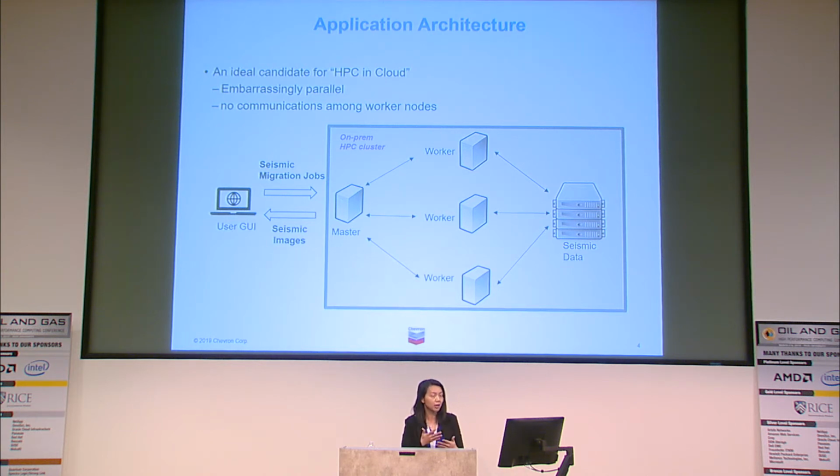The user looks at the image and makes changes to the velocity models again, and then usually initiates another seismic migration job. So in the typical workflow, when they use this application, there are multiple seismic migrations initiated.